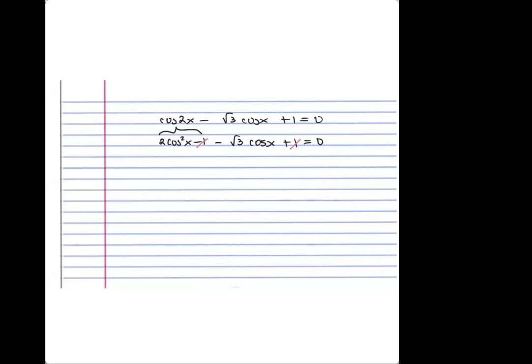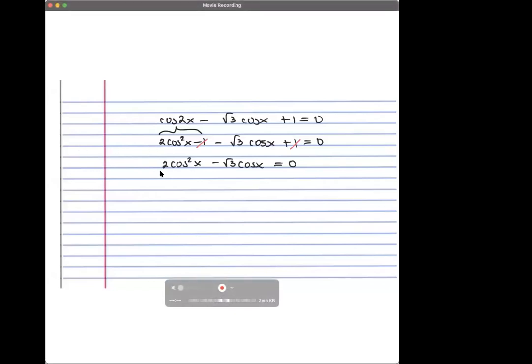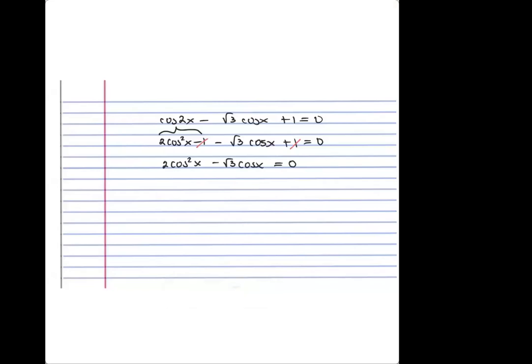So then you're going to have 2 cosine squared x minus root 3 cosine x equal to 0. And then I'm going to factor out a cosine x and any other constants that are common. But in this particular case, we only have a 2 and a root 3, so there's nothing else common. So let's go ahead and factor out the cosine x.